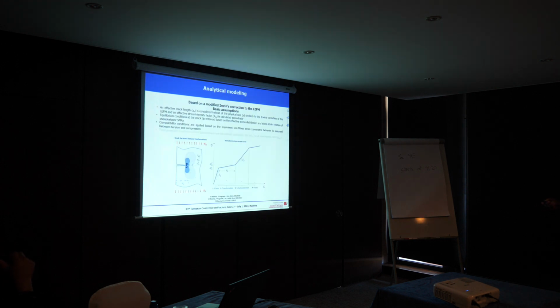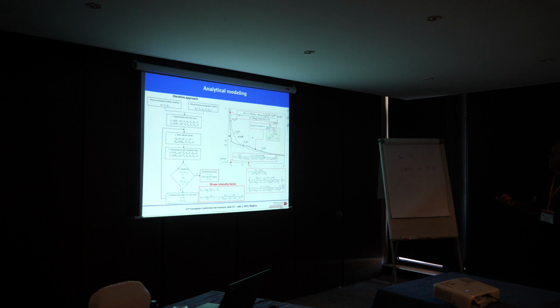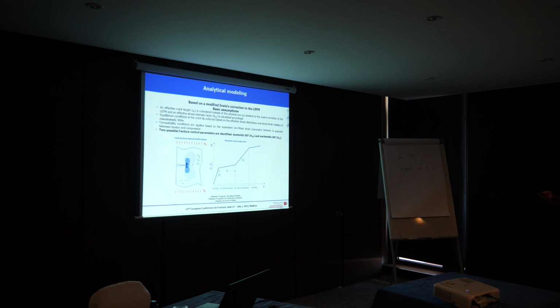A few words about the model we have developed. It's a simple analytical model based on a modified Irwin correction of linear elastic fracture mechanics. The model is based on the use of an effective crack length that takes into account the nonlinear transformation region at the crack tip.